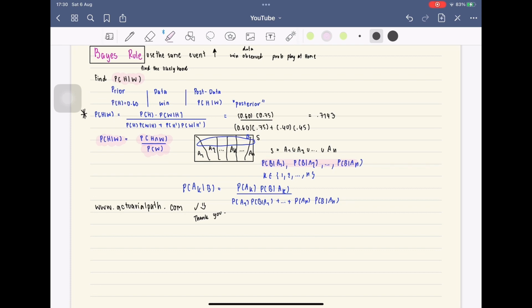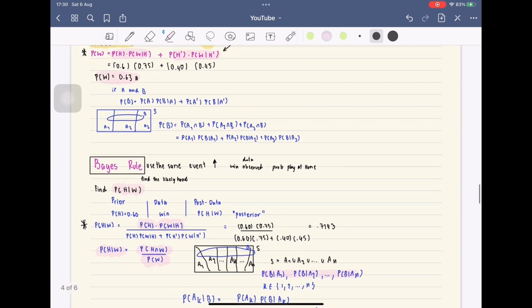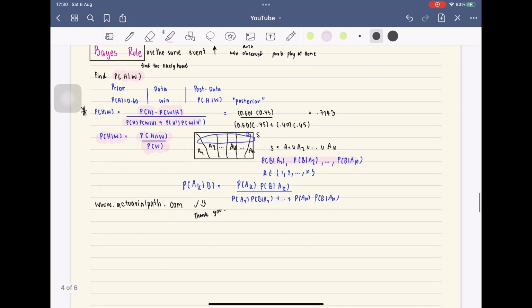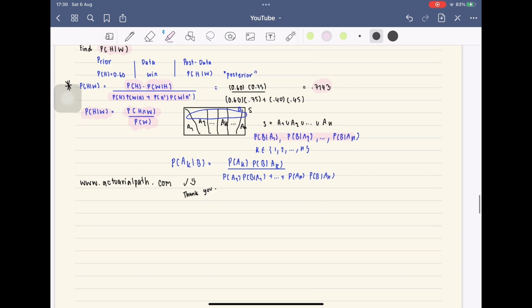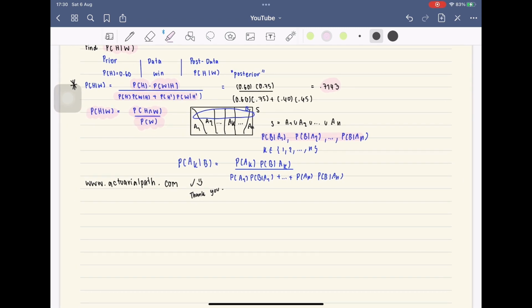The probability of playing at home and winning can be written as the probability of playing at home times the probability of winning given playing at home, divided by the probability of winning, which we already did before. So we get 0.7143.